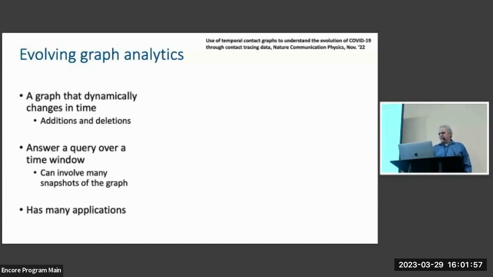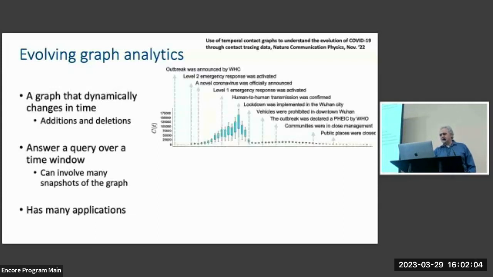So this has many applications. This is a recent paper analyzing the evolution of COVID-19 in China using a temporal contact tracing graph. The graph is evolving over time. The paper is from 2022, so I assume they did the work in 2021.